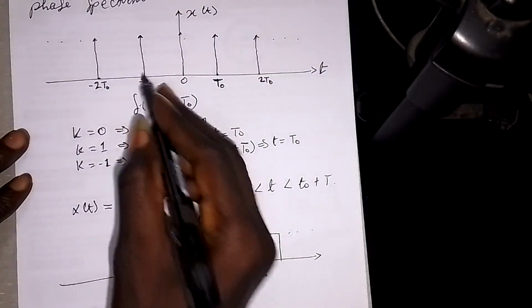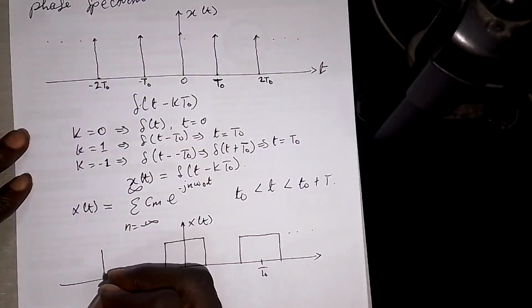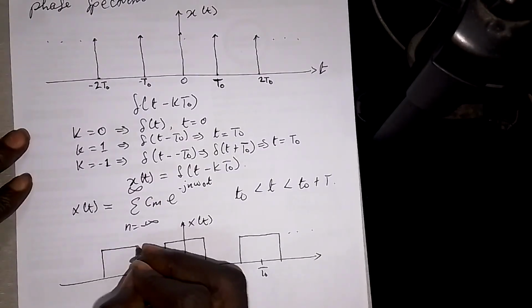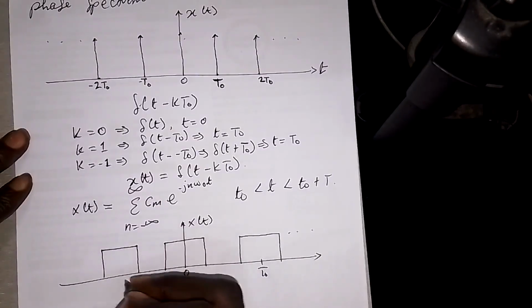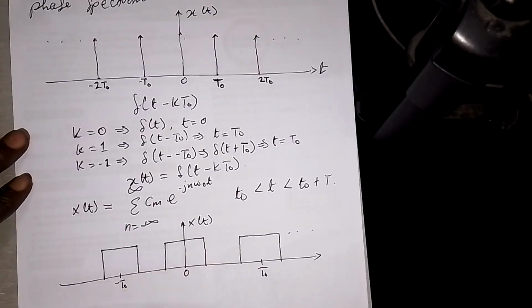Let me represent that one also here, which is minus T naught. The rest will continue this way.